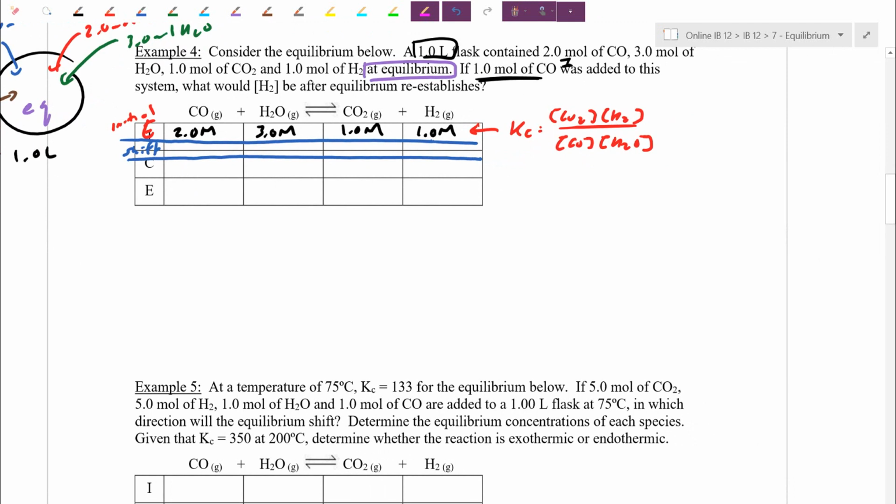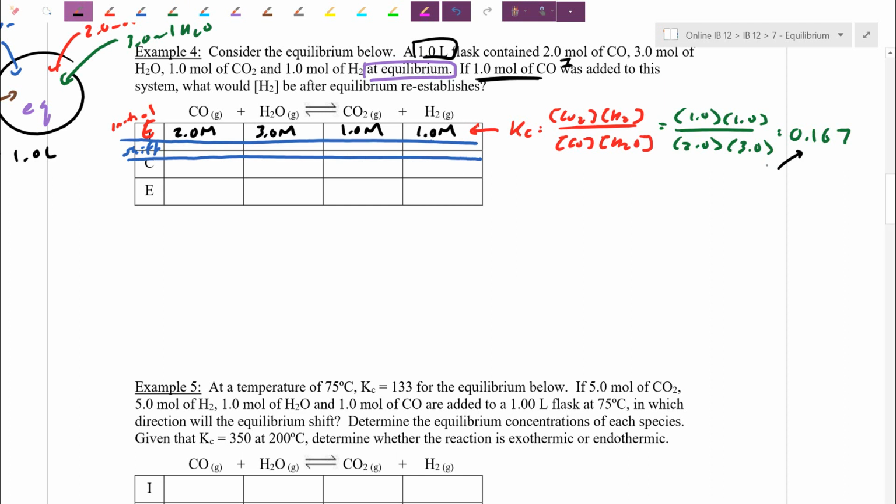Anytime you have what's equivalent to the E row, you just punch it straight in. So the CO2 was 1, the hydrogen was 1, divided by CO, which is 2. The water is 3, so I go 1 divided by 6, which gives me my constant of 0.167. So as long as I'm at this temperature, my Kc is 0.167.